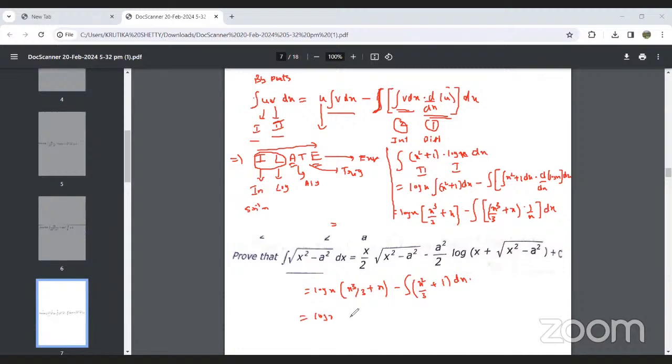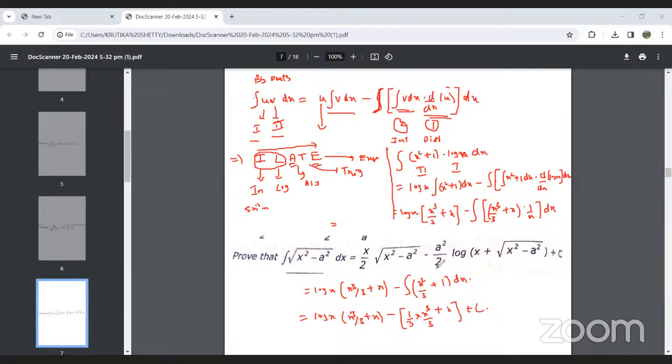Log x, x cube by 3 plus x as it is, minus 1 by 3, I'll keep it as it is, and the integration of x square will be x cube upon 3, and then we have plus x plus c.